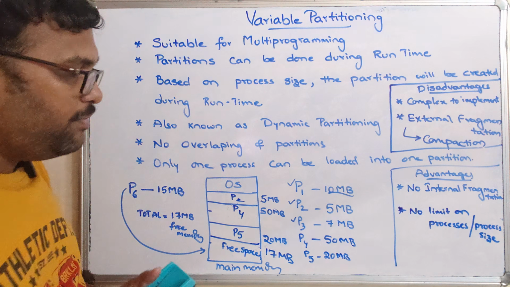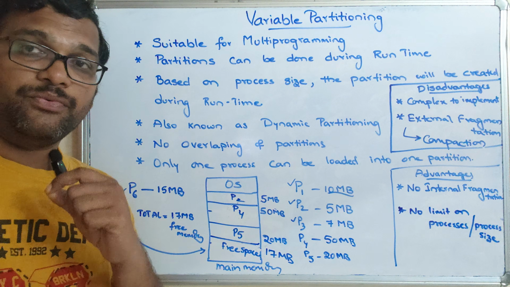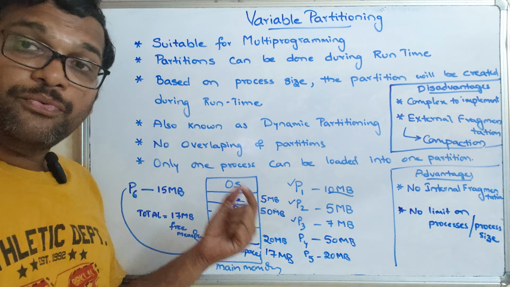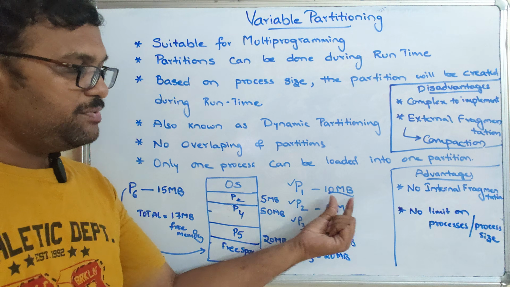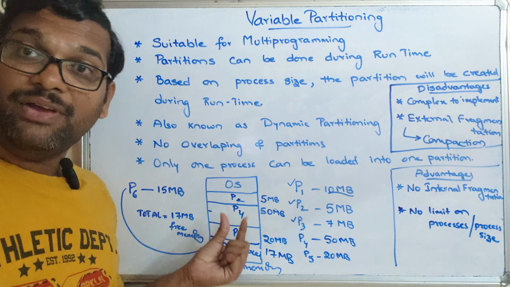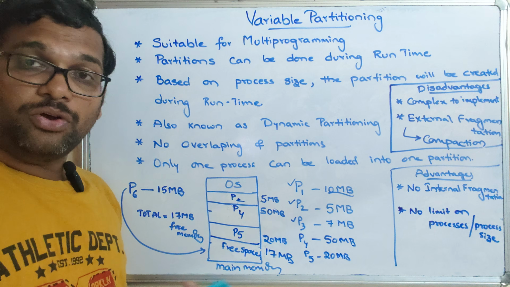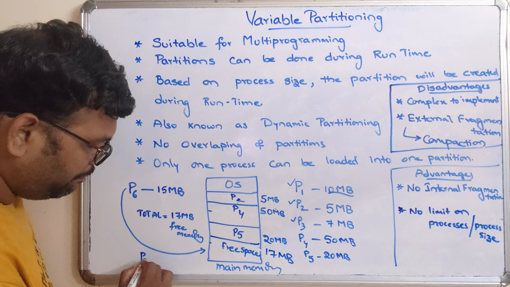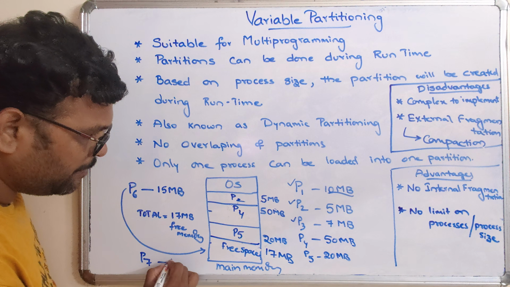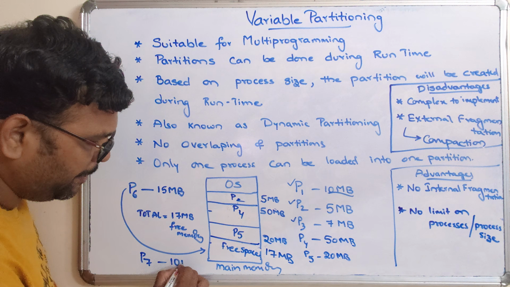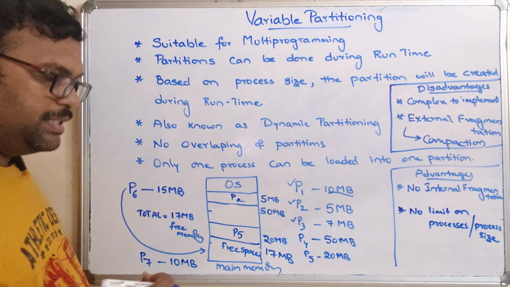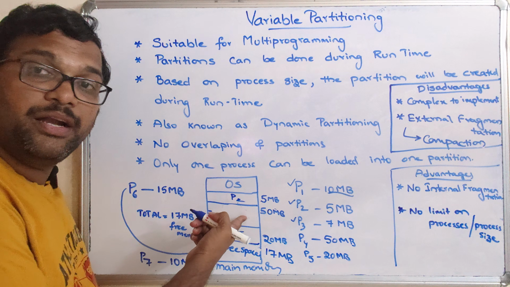Whenever a process wants to be loaded into the main memory, first it will check whether the size fits with the already available free partitions or not. For example, after some time P7 should be accommodated with 10 MB, and P4 completes its execution. P7 can be accommodated here.